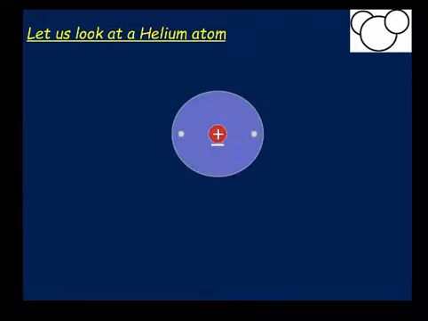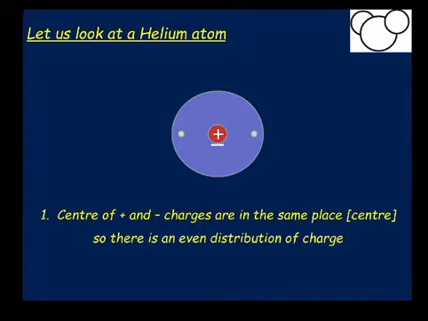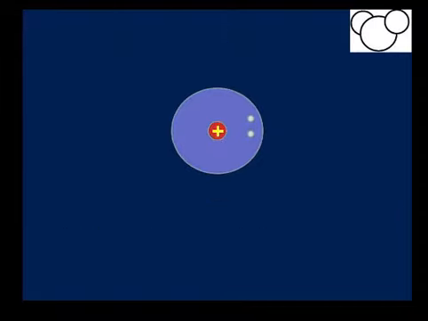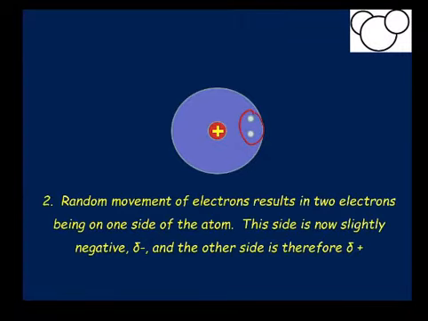So this is our helium, and this is showing us that we have electrons at either side. Helium has 2 electrons in its outer shell. There's an even distribution of charge. There is no delta positive or delta negative, but because our electrons are moving in their orbitals, I now have my 2 electrons over here, and because of that, we end up making a temporary dipole.